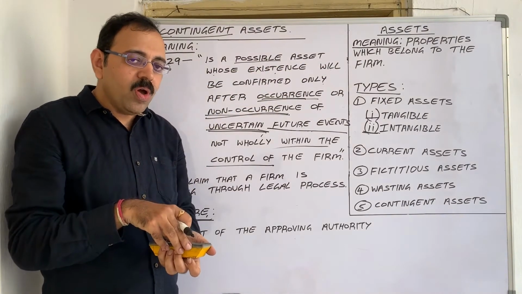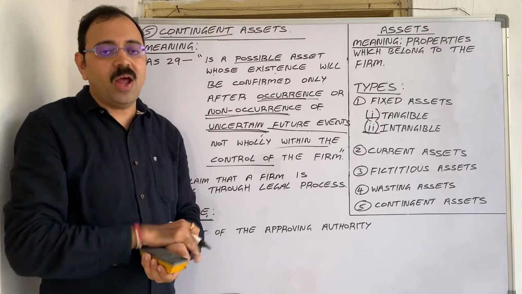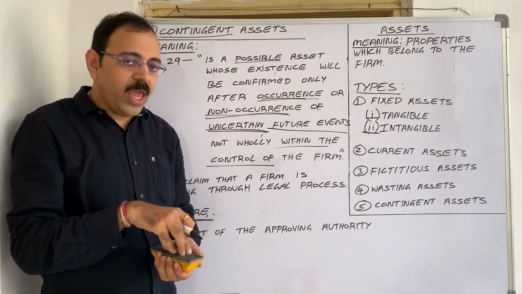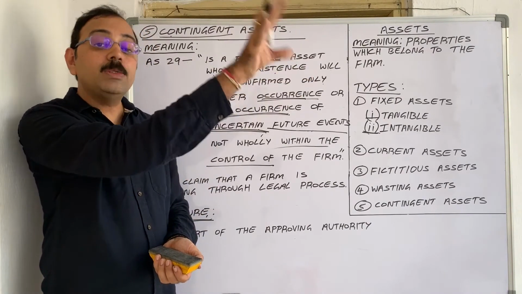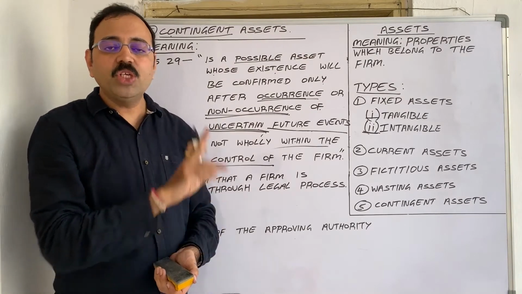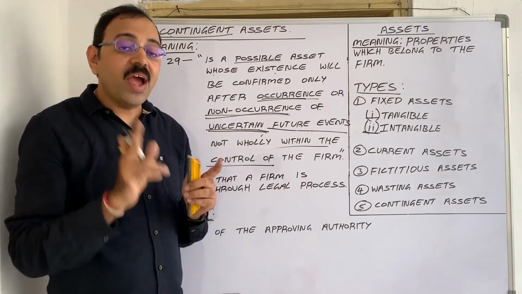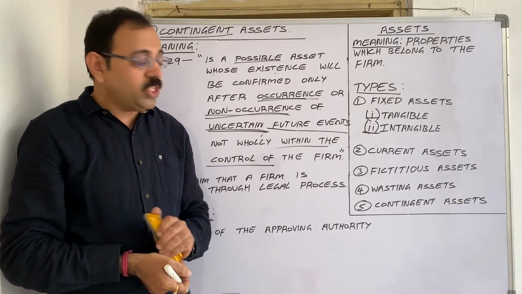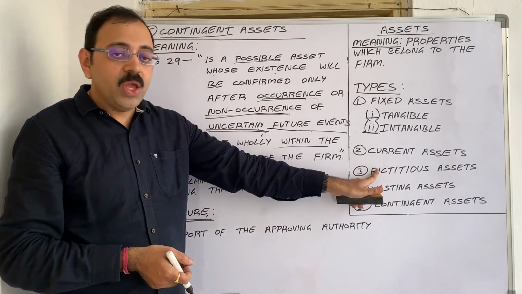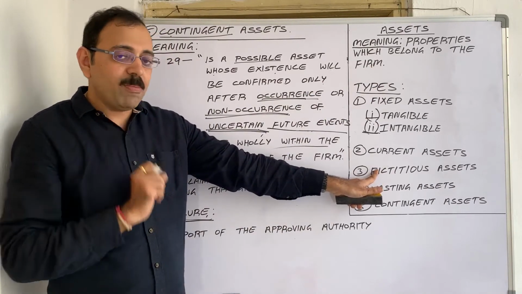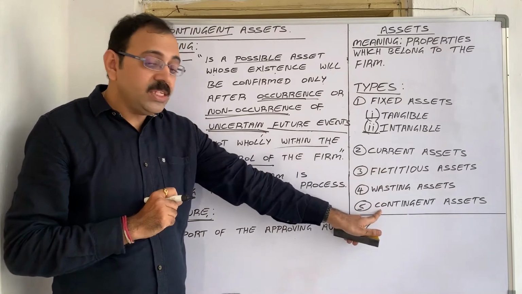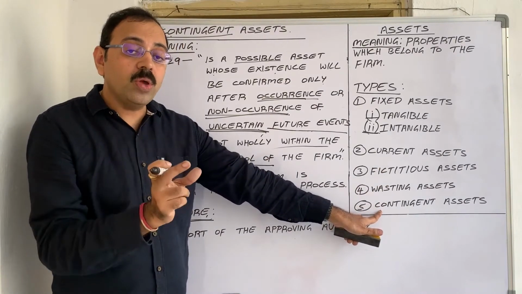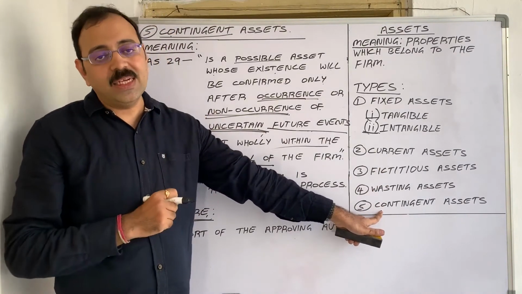Today we don't know whether that profit will come or not. So for today, that profit is an expected profit, and we should not record it in the financial statements. All other assets you write on the asset side of the balance sheet, but contingent asset we should not show on the asset side of the balance sheet.